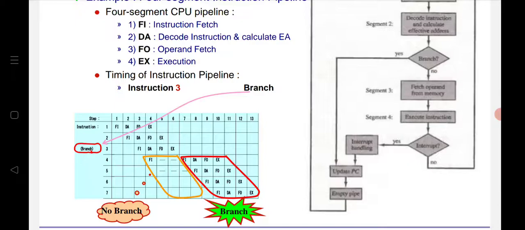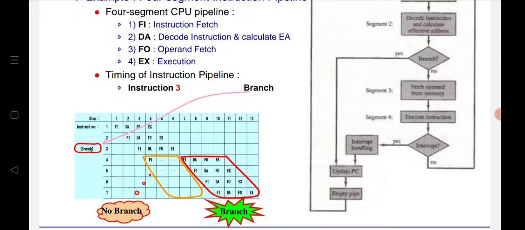There again you execute the same thing: the FI, DA, FO combination, then the operand fetch, then decoding the instruction, then fetching the instruction. So it will be repeated.